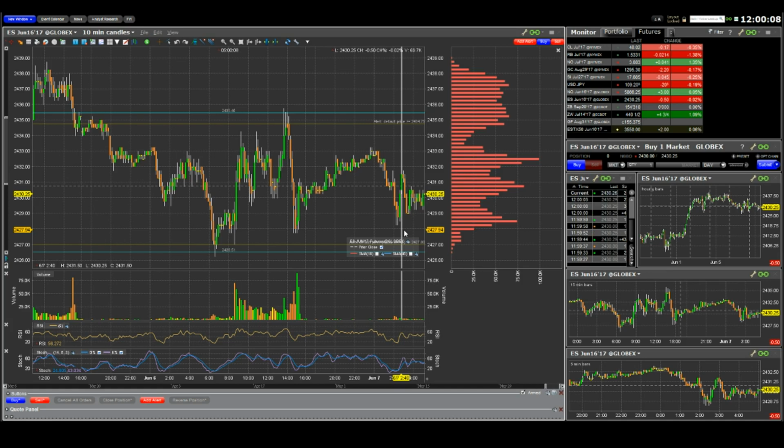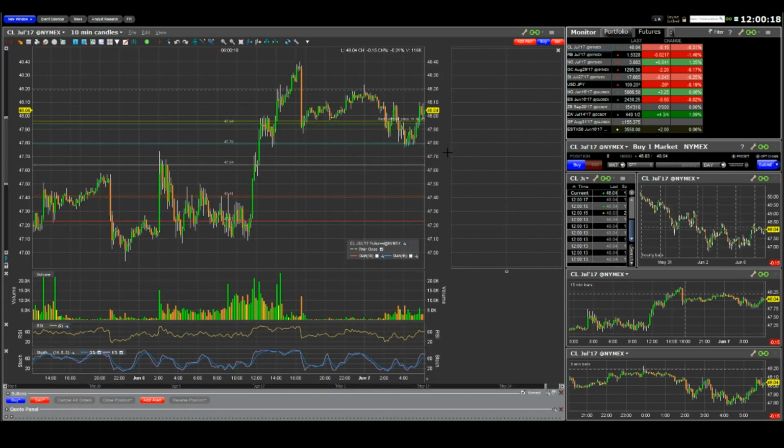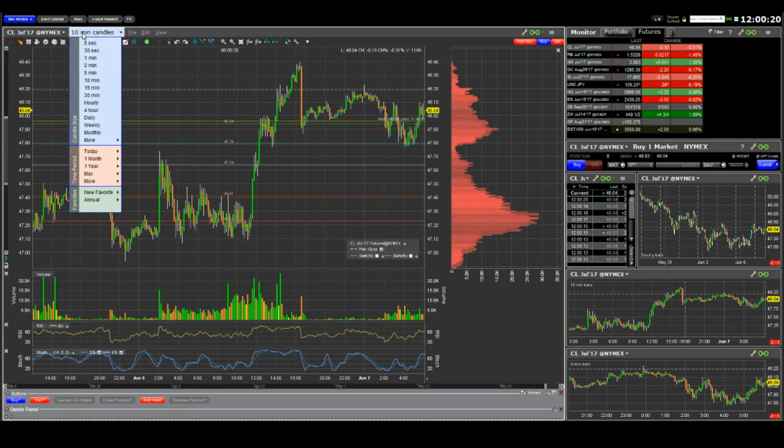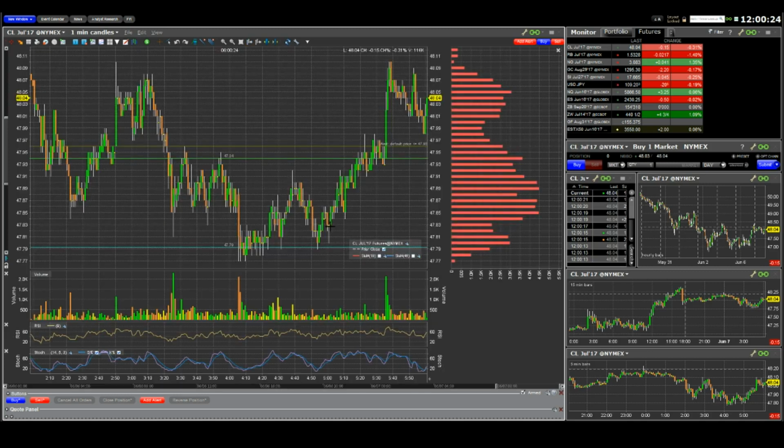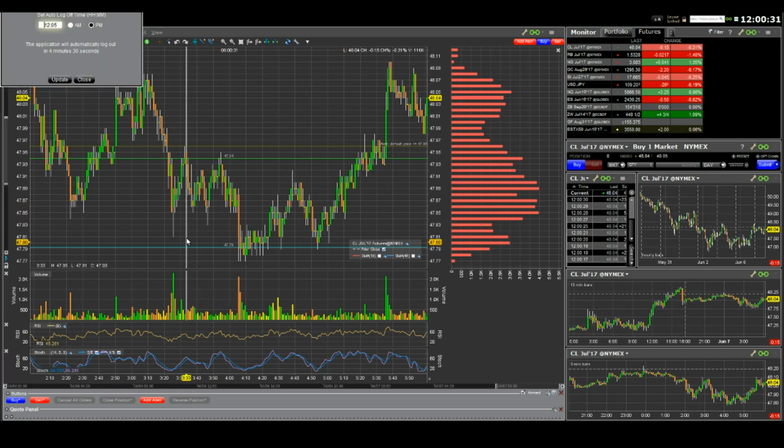Another way I like to use these two indicators is to spot divergences. They don't always work, but again, it's a way to confirm the trade you would like to make. Here as well, for example, on the oil contract.